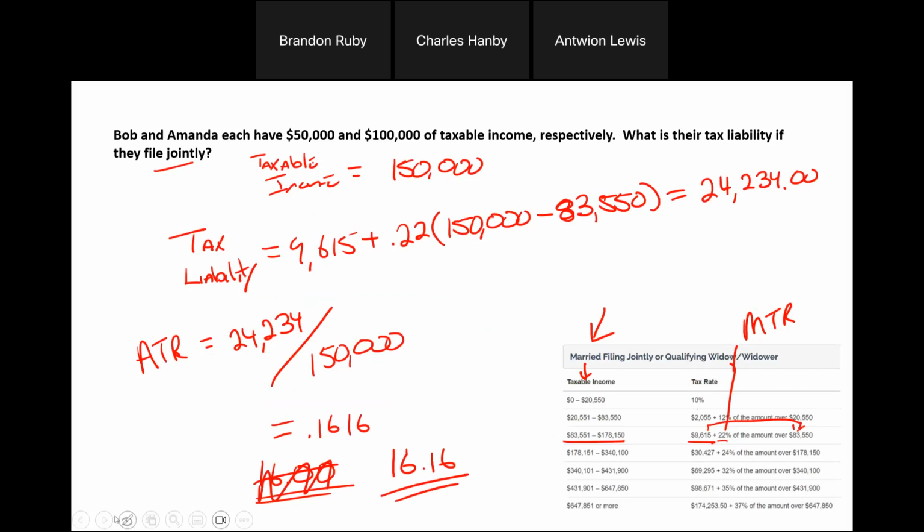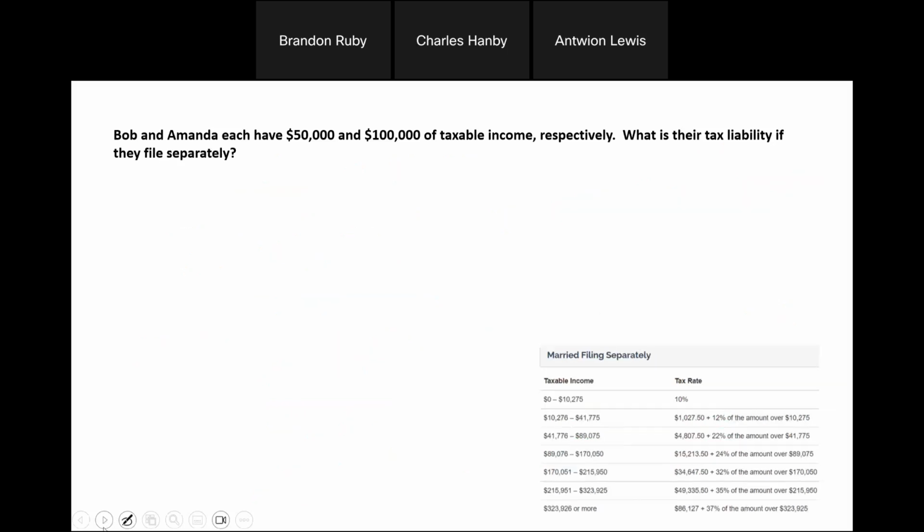All right, so the last one is married filing separately. Bob and Amanda, same couple, same income, 50,000 and 100,000 respectively.